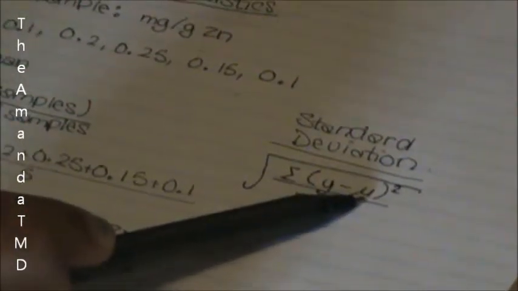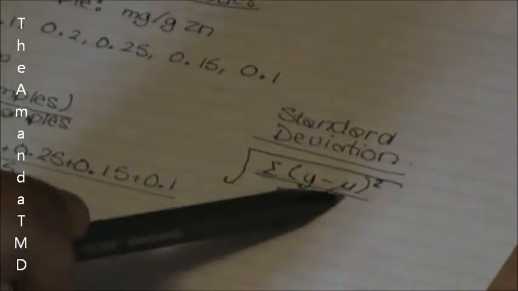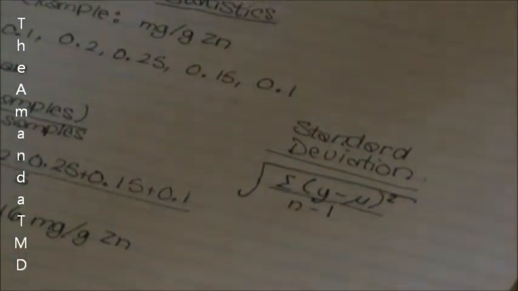You just found your mean, so in this case, mu stands for my mean. N is the number of samples. So you find this squared value for each of these samples and add them all up. Once you do that, you divide it by n minus 1, and then you plug it into the equation and you get your standard deviation.